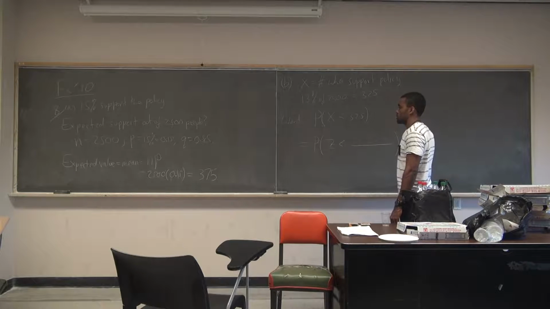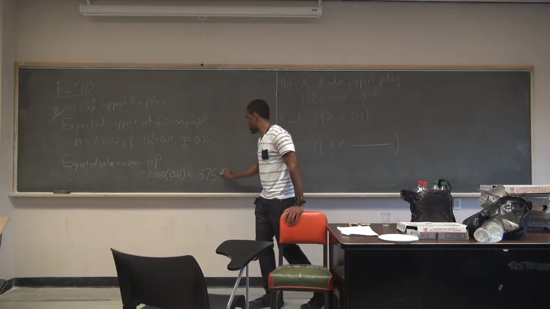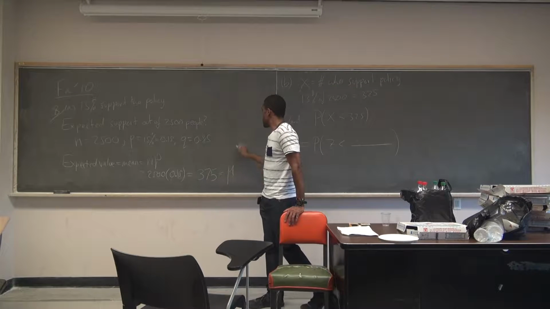Is it 325 minus 375 over 17.8? We have to find out what the sigma is. I know that this is mu, right? So what is my sigma?